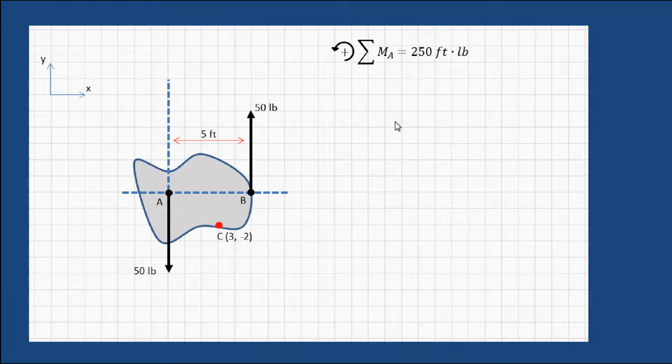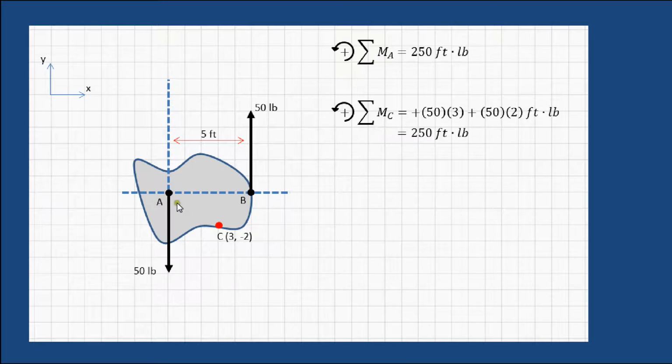And let's consider what happens when we take the moment of these two forces about some other point on the rigid body, say point C. In this case, the 50-pound force acting at a distance of 3, this one here, causes counterclockwise rotation of 50 times 3, and this 50-pound force has a moment arm of 2 feet, and again it's producing counterclockwise rotation to give me a total moment of 250 foot-pounds.